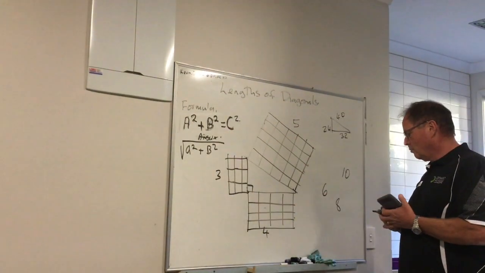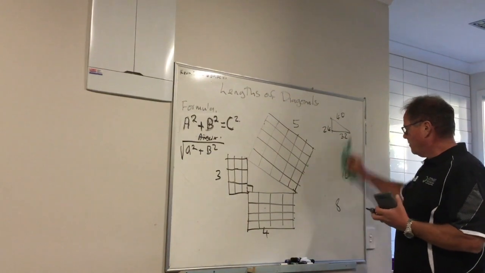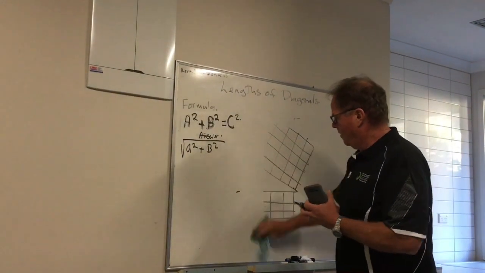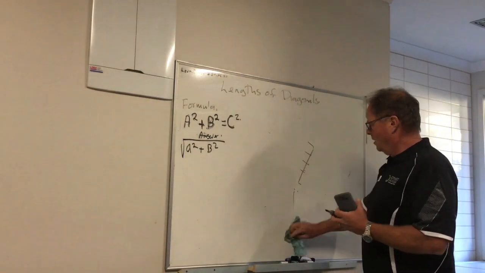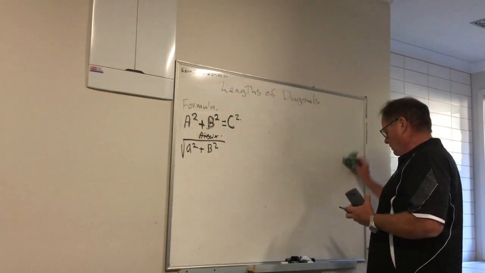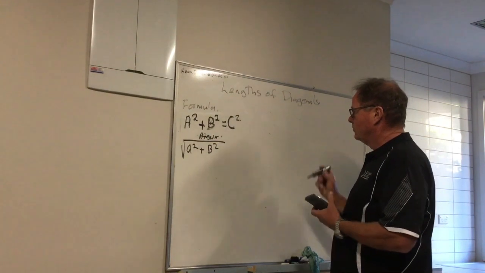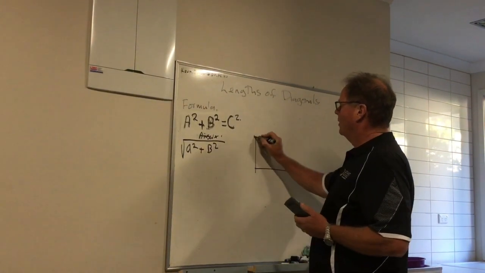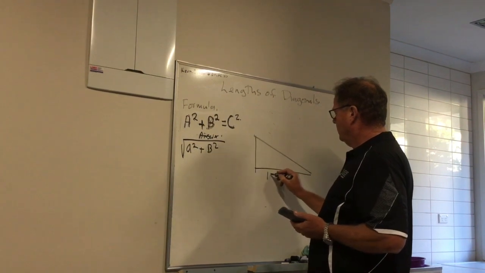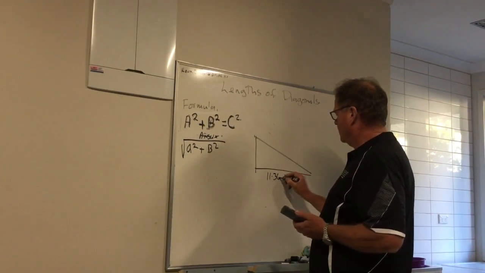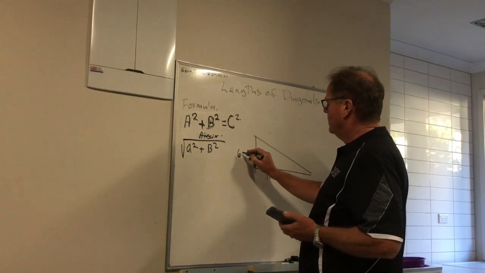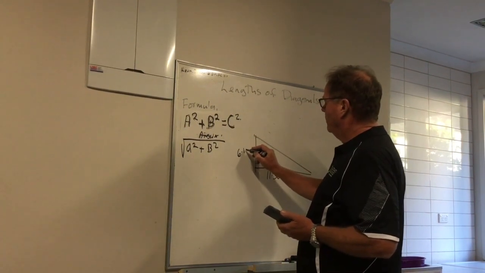We'll do another example, just so you get a good handle on it. Now say that's 11.365 metres, and say that's 6.111 metres.